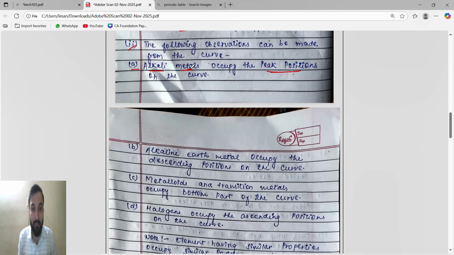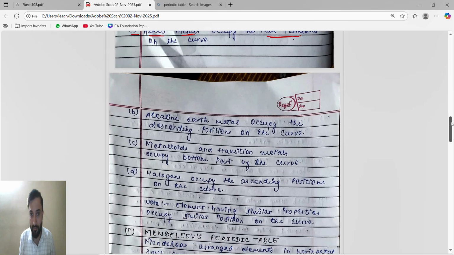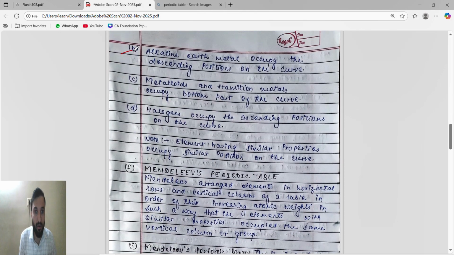So alkali metals occupy the peak position. When you draw the curve, the peak position is the alkali metal. Second, alkaline earth metals occupy the descending position. Descending position means down.